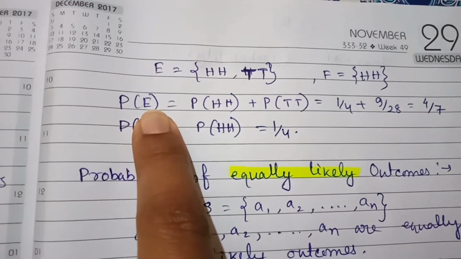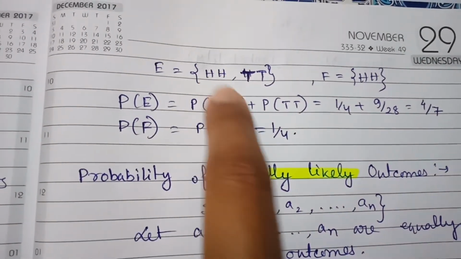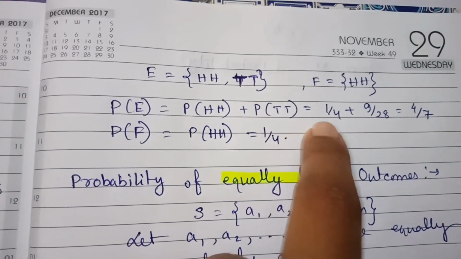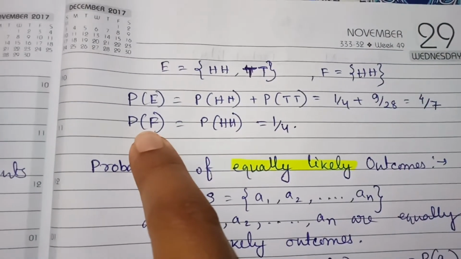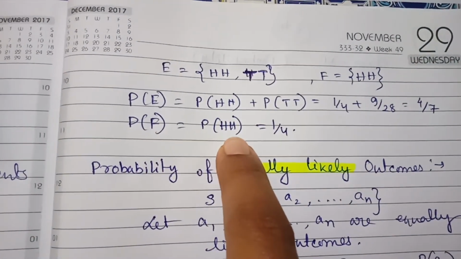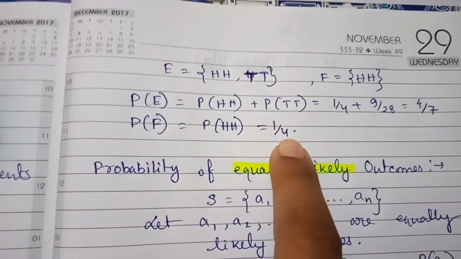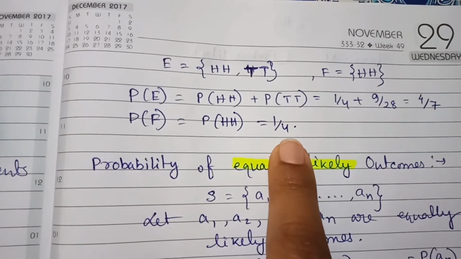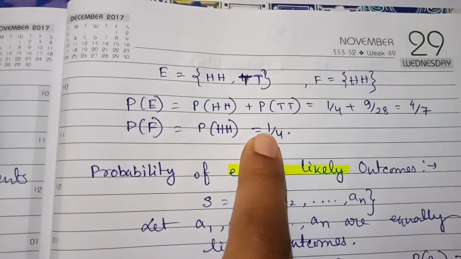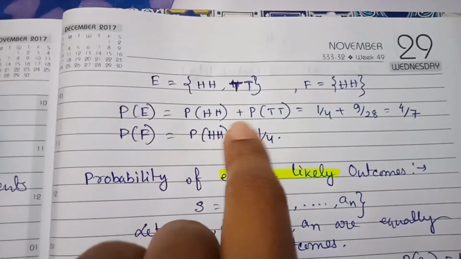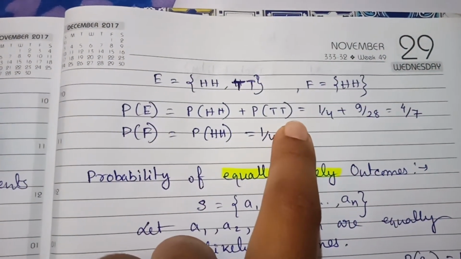Now P of E will be P of HH plus P of TT equals 1 by 4 plus 9 by 28 equals 4 by 7. P of F equals P of HH equals 1 by 4, from the given assignment.